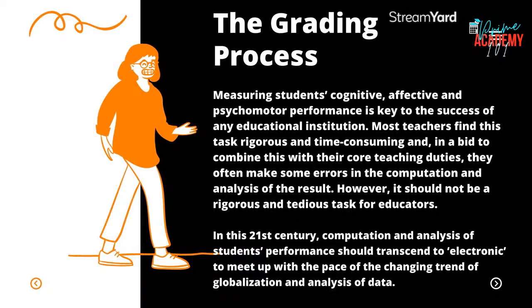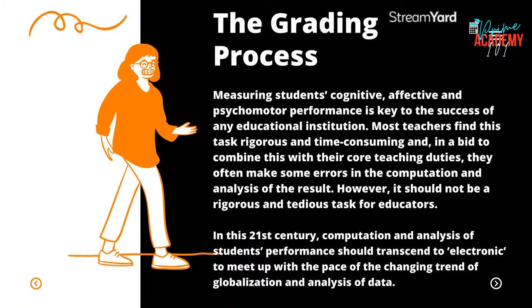So the grading process. Measuring student cognitive, affective, and psychomotor performance is key to the success of any educational institution. Most teachers find these tasks rigorous and time-consuming because it can be, and also in a bid to add this up to their core teaching duties, they often make errors in the computation or in the analysis of the results.